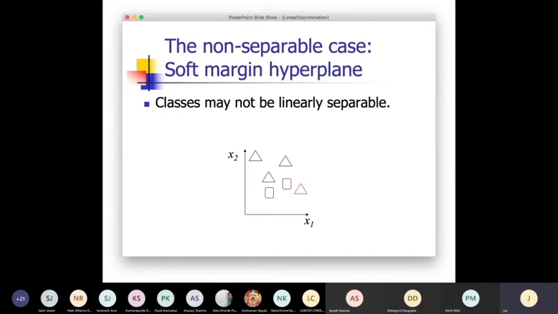Take this example here: this sample of the class represented by these triangular shaped objects is placed inside the region of objects of the other classes. This is the example of an object of other classes.